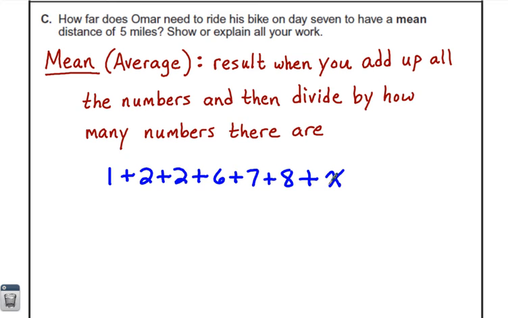And whenever you have something you don't know, you often just fill it in temporarily with a variable. And then we're going to take these, now there's 7 of them. And so to find the actual mean, now we're going to be dividing by 7 numbers, right? And what they're saying is all of this needs to equal a mean of 5.